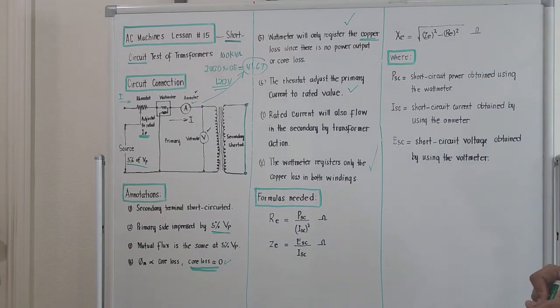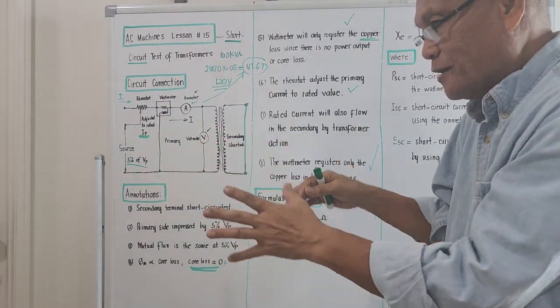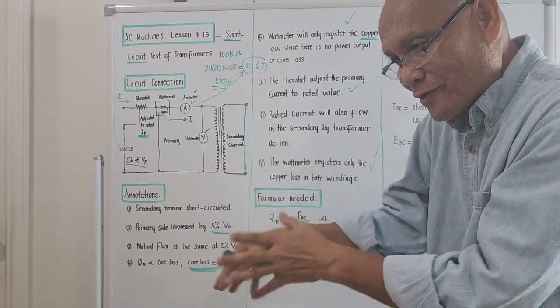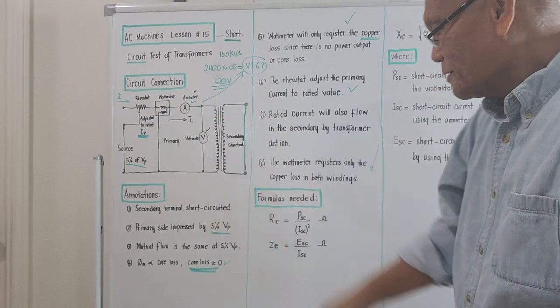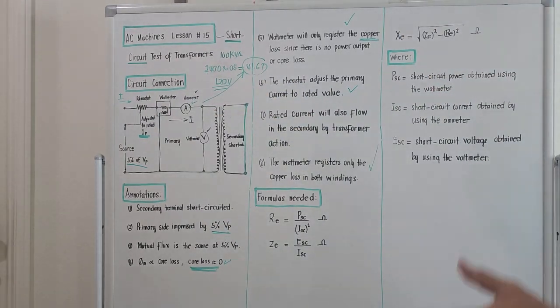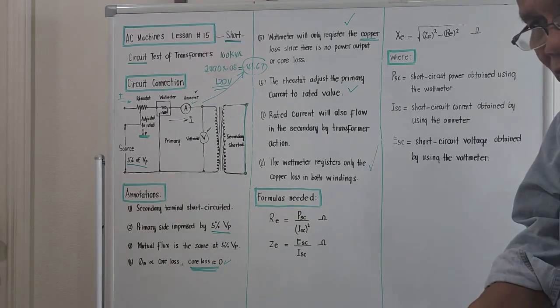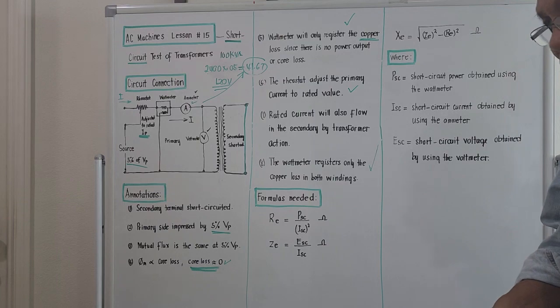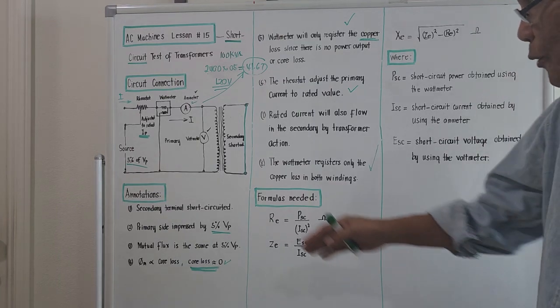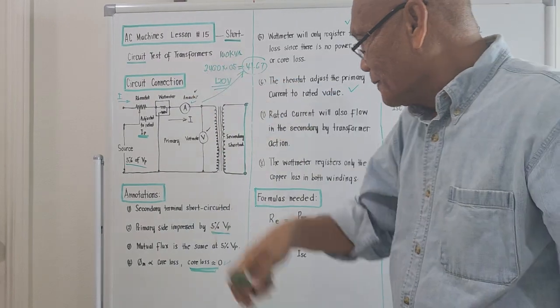Okay? So, the annotations, it's the first one that I have told you about already. That's the concept on how to perform this short circuit test. And there are formulas on how to compute for the equivalent resistance and impedance, okay? Because with the readings on the primary side, we got the ammeter reading.